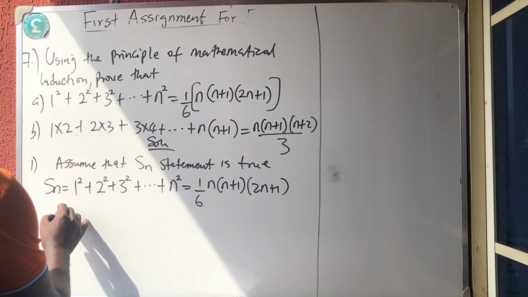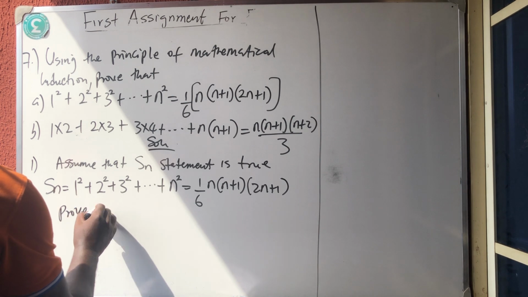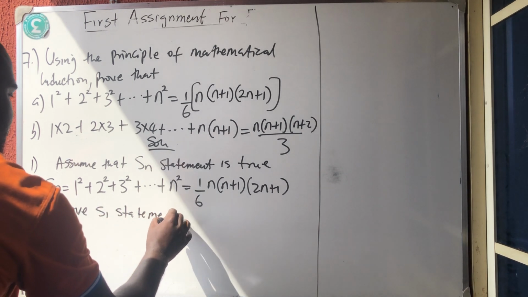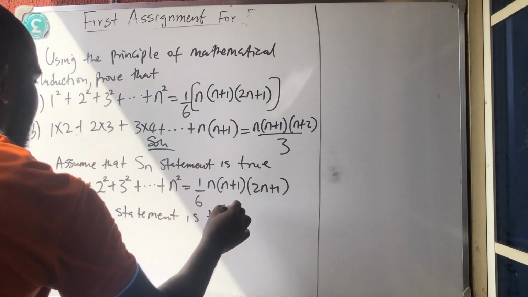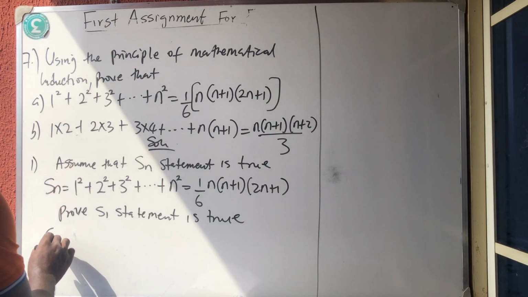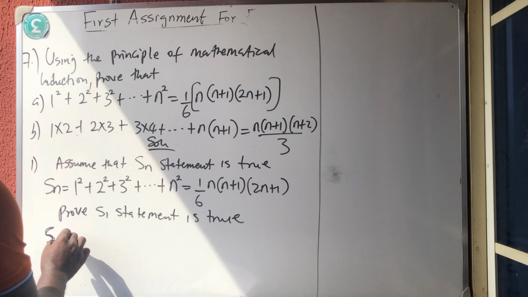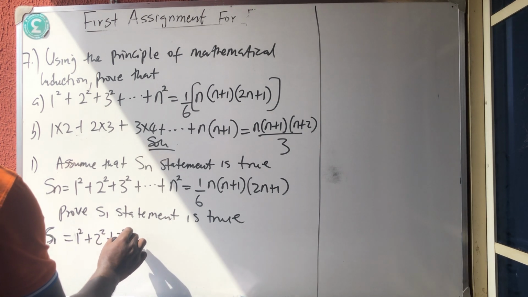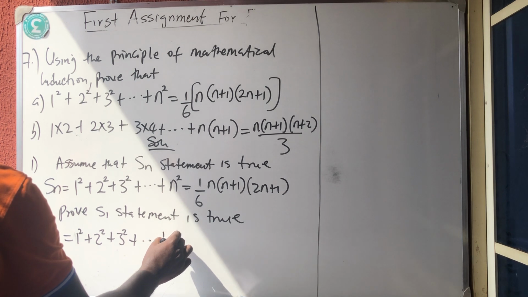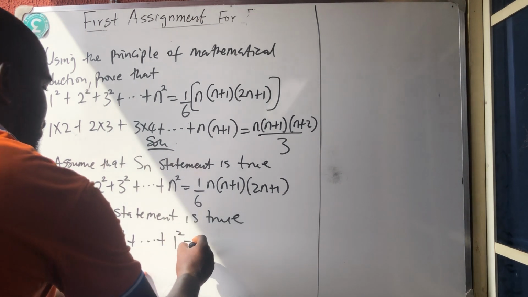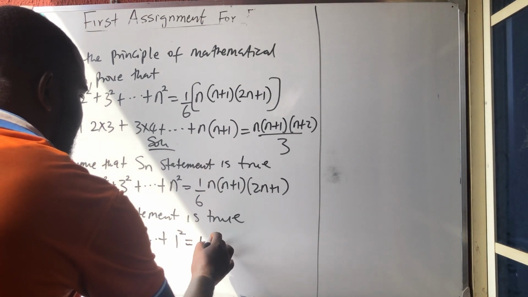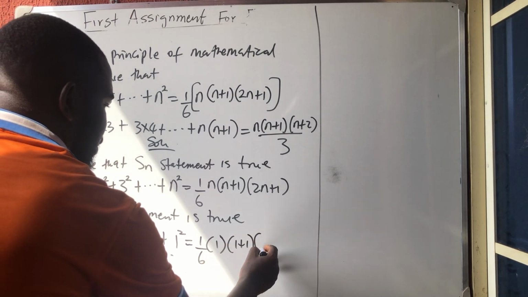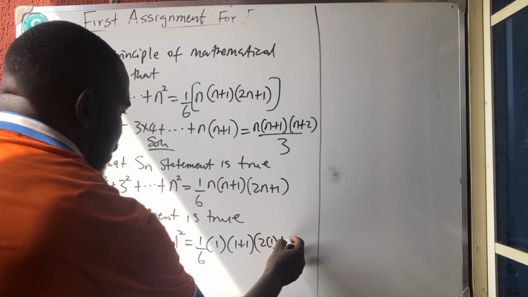Number 2. The next thing to do is to prove that S1 statement is true. Now it means S1, anywhere you see n, put 1. S1, I have 1 squared plus 2 squared plus 3 squared plus ... plus 1 squared is equal to 1 over 6 into 1 into 1 plus 1 into 2 into 1 plus 1.